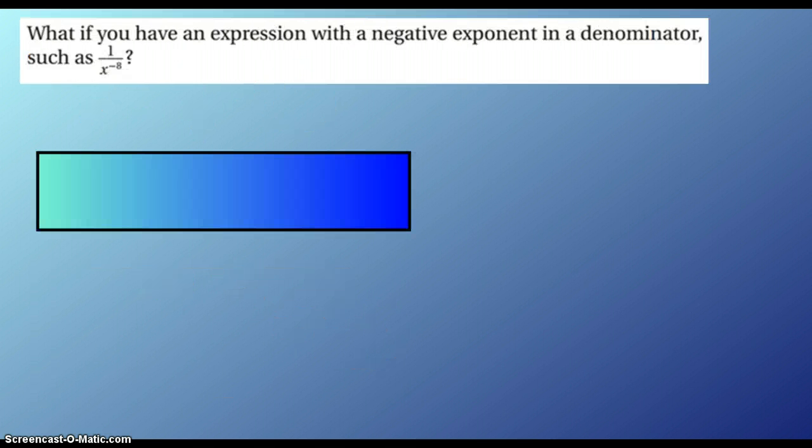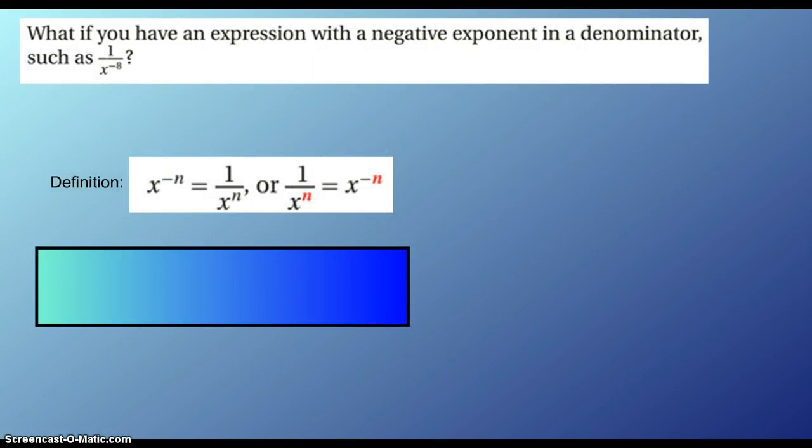Alright, and lastly, what happens if we have an expression with a negative exponent in the denominator? Well, we're going to use the rule to see what would happen here. If I put negative 8 in, so they're just taking this rule and flipping the equality. It's the reflexive property, just switching the directions here. If I put negative 8 in for n, using the rule, a negative becomes a positive.